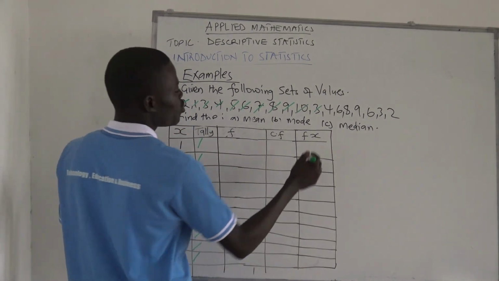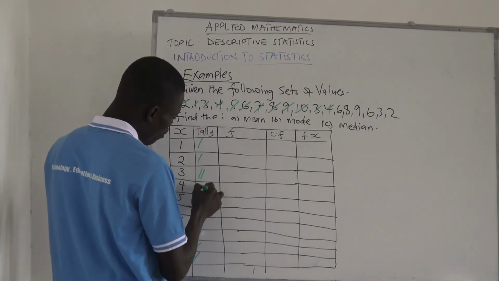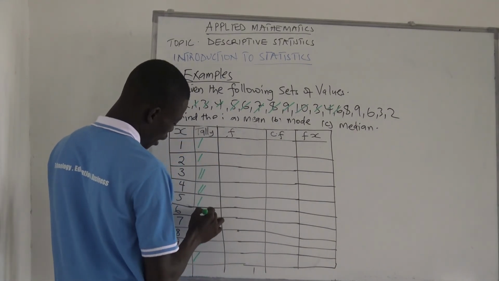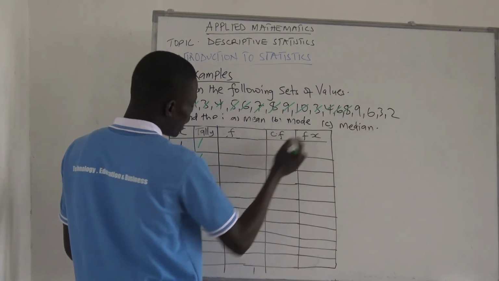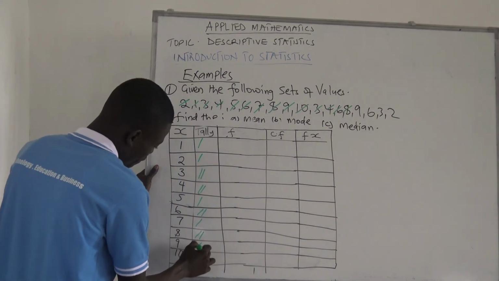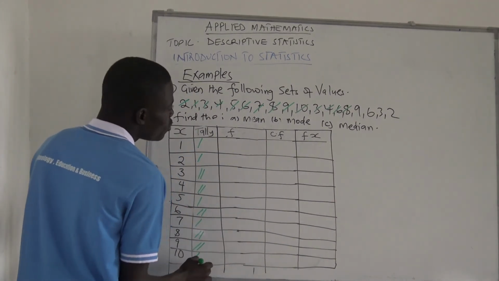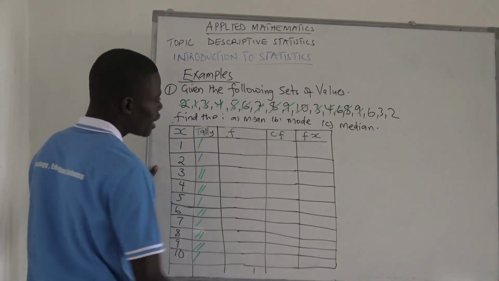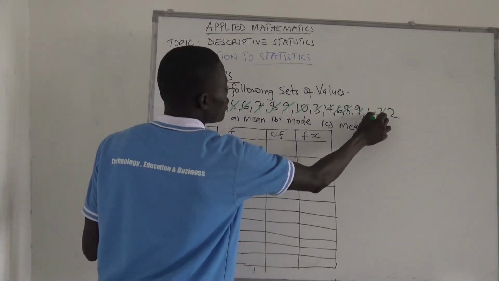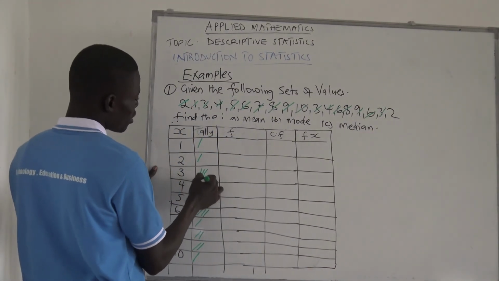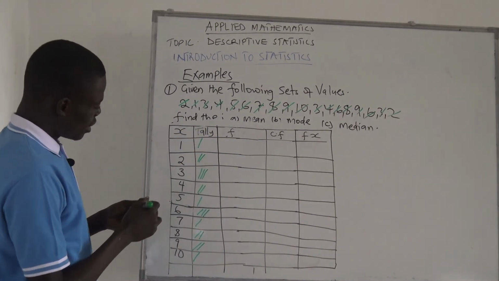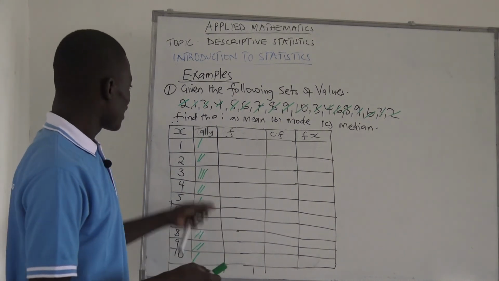Right now we have 2 values of 3, then 4, then 6, then 8, then 9, then this one is for 6 again, then this one is for 3 again, then this one is for 2. There we have finished what we are calling the tally.